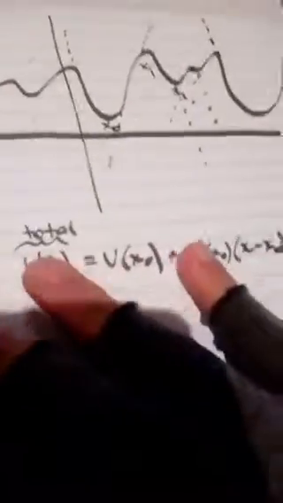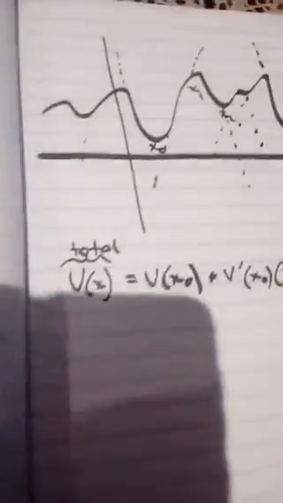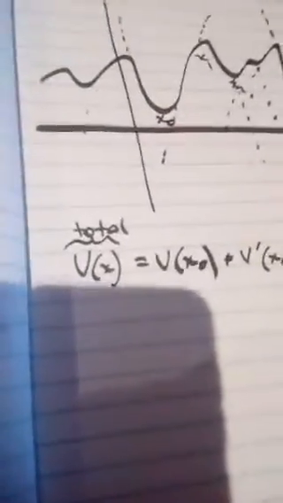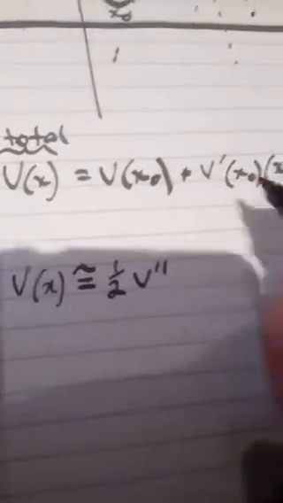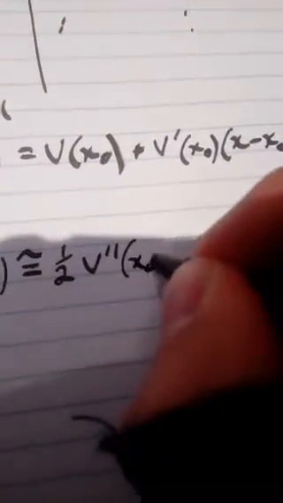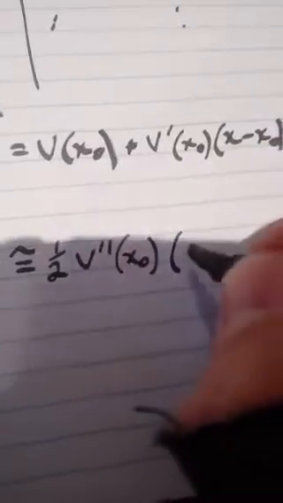So what we do is use that, and I'm not going to show you how it's done, because this is not a mathematics lecture. But basically, we can say that V of x is approximately equal to half V double dash, which is the second derivative at x naught, multiplied by x minus x naught squared.